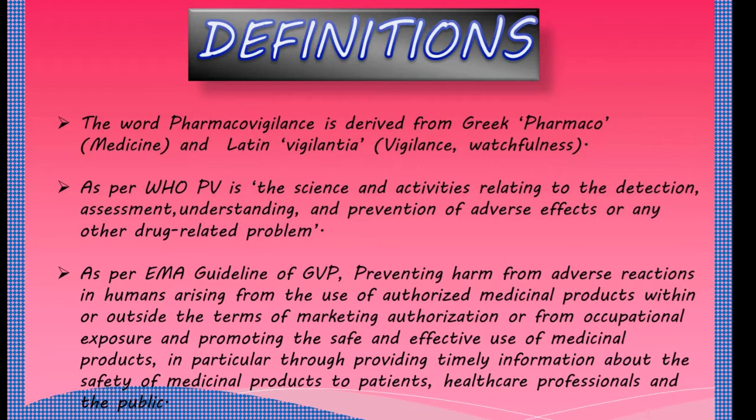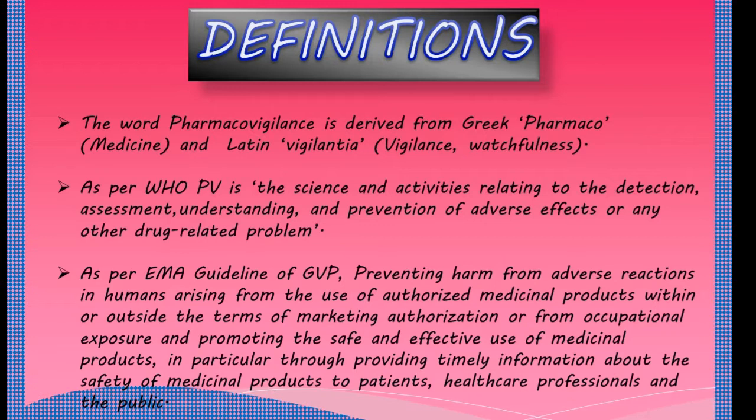Whereas as per the European Medicines Agency guideline of good pharmacovigilance practice, GPP meaning good pharmacovigilance practice, pharmacovigilance involves preventing harm from adverse reactions in humans which arises from the use of authorized medicinal products within or outside the terms of marketing authorization.